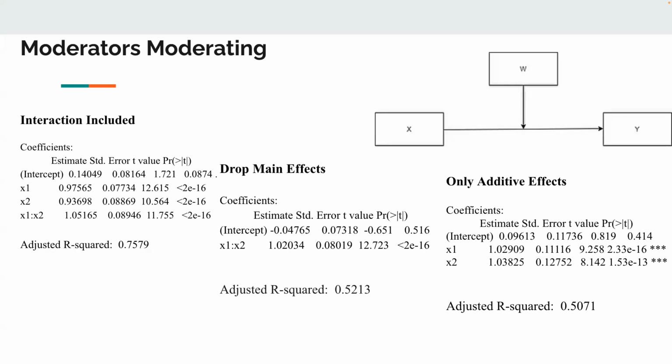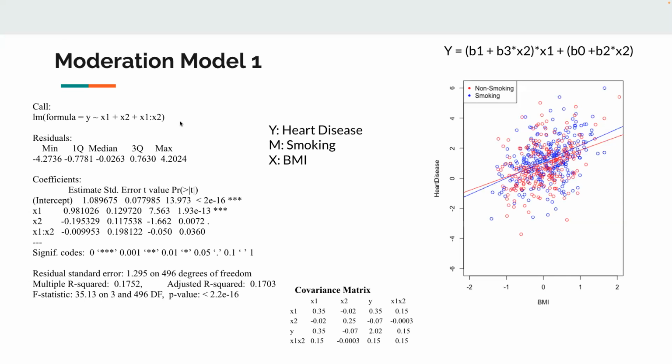If the interaction term is significant, then the moderator variable is considered to be moderating the relationship between the independent variable, the x, and the dependent variable, the y. This moderation analysis is used to understand when and for whom a particular relationship is more beneficial, or stronger, etc. So the next thing we're going to look at is some actual models.